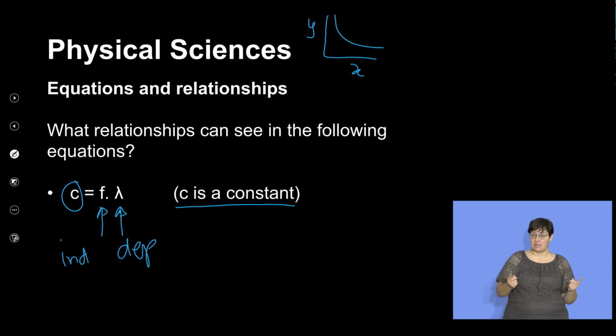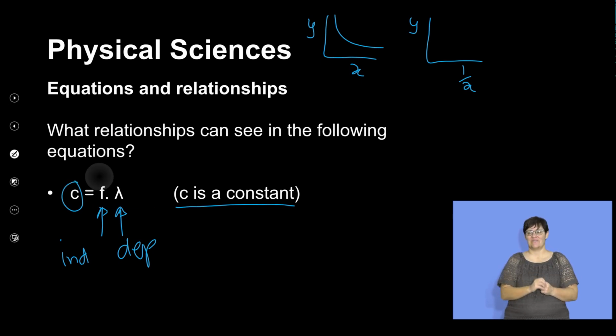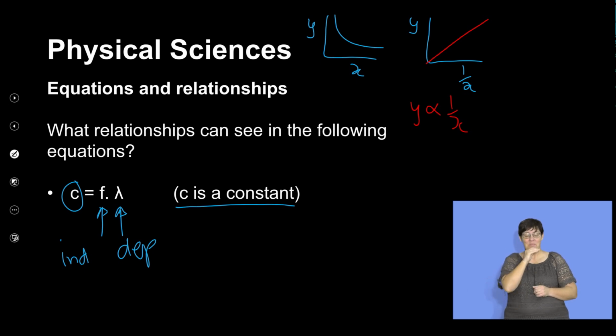But if we took the same variables and we said y against 1 over x, now we've got a solution where we can draw a straight line. And we can say y is directly proportional to 1 over x. It's y is directly proportional to the reciprocal of x, which is the same as saying y is inversely proportional.